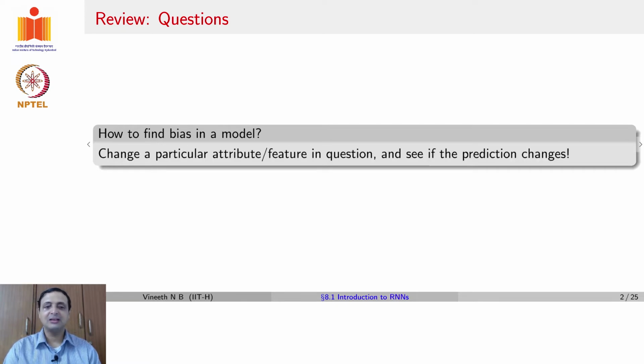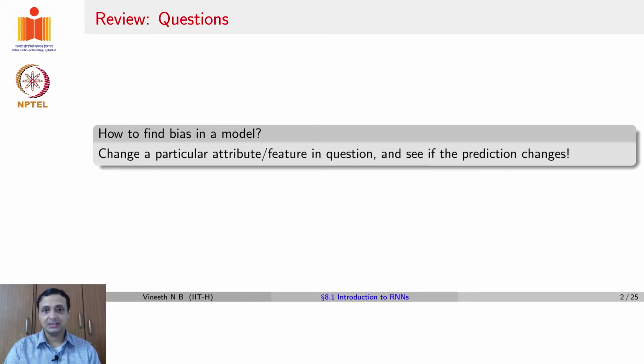A simple check is, if you think there could be a particular feature or an attribute, such as, say, the background of a particular person, then you could change that attribute in your input and see if the prediction changes.